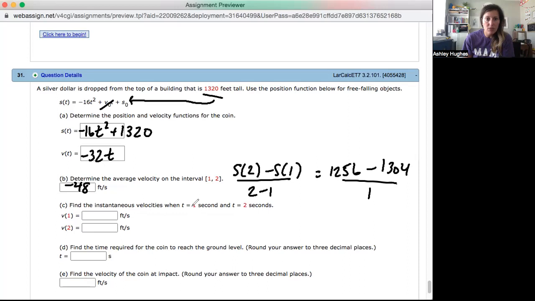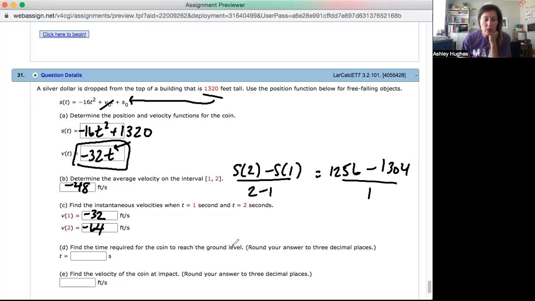Find the instantaneous velocities. The instantaneous velocity uses the velocity function. So this would be -32, and this would be -32 times 2, so that would be -64. That's just using this function here and plugging in for time.